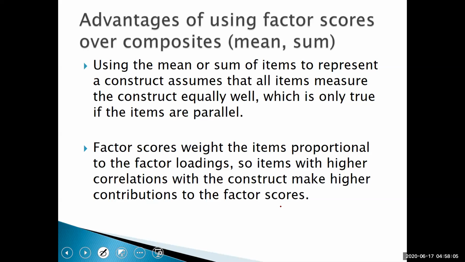So, I recommend using factor scores over just summing the items, because if you use factor scores, at least the items are being considered in the factor scores proportional to their factor loadings. While if you just sum items, you are considering that all items measure the construct equally well, and that's never true. Right? There are some items that will be measuring the construct better than other items.